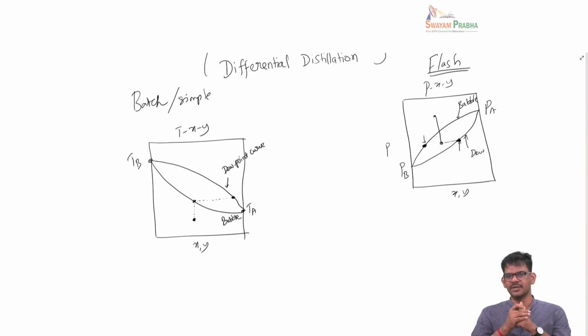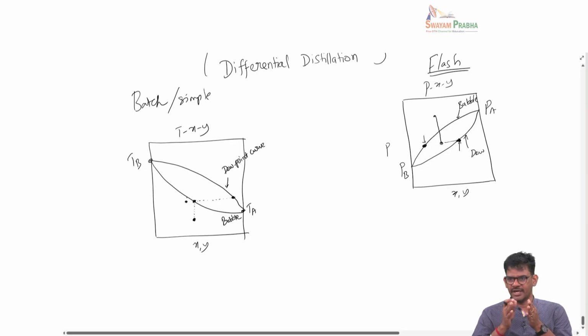Here we are talking about a mixture A plus B, where A is more volatile, meaning whenever I create a small amount of vapor, the vapor would be richer in A compared to the liquid. What that means is the liquid phase composition would have become a little lower than what it was at the bubble point.